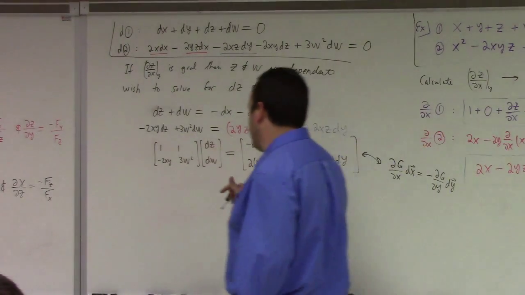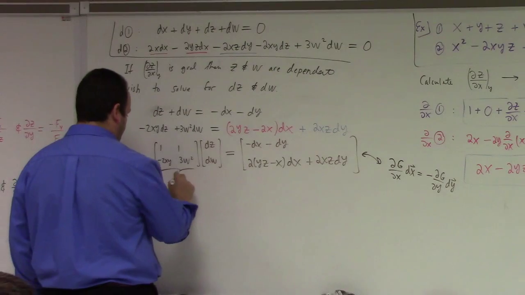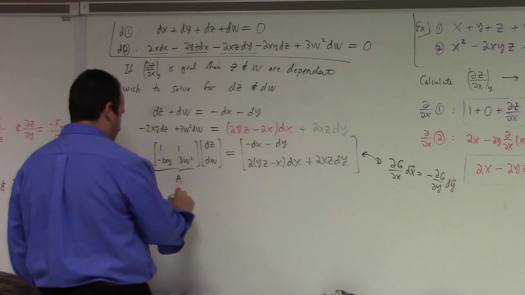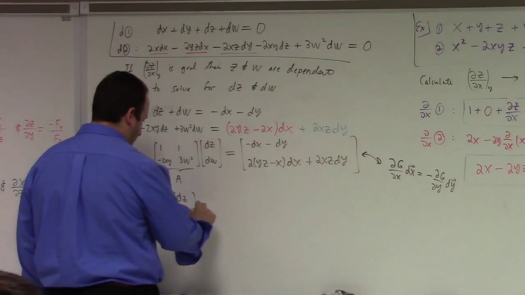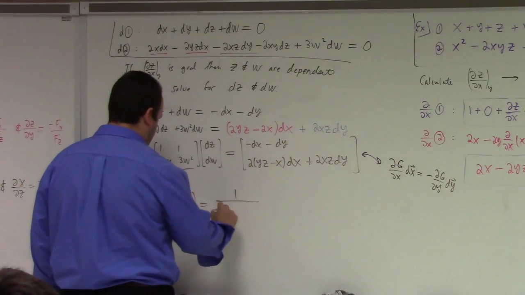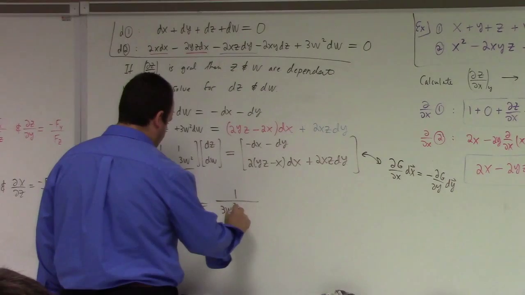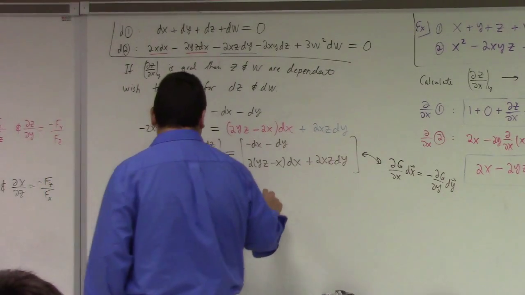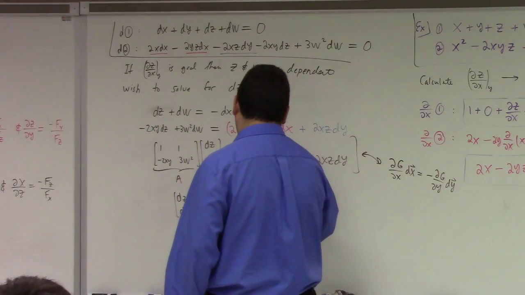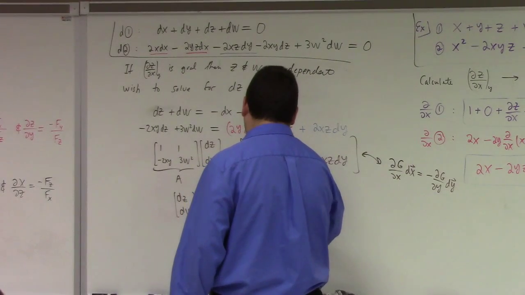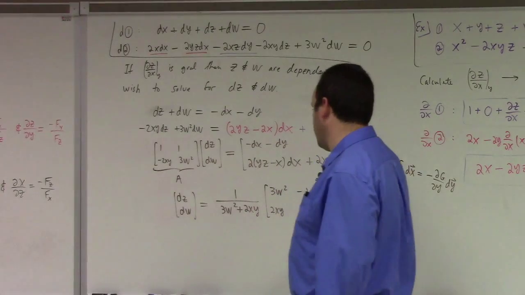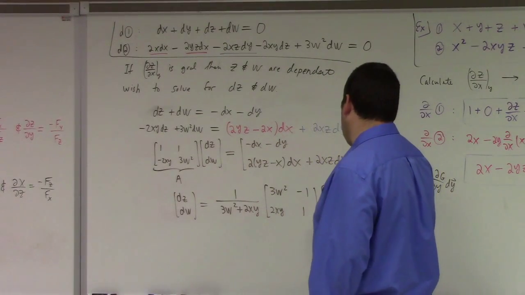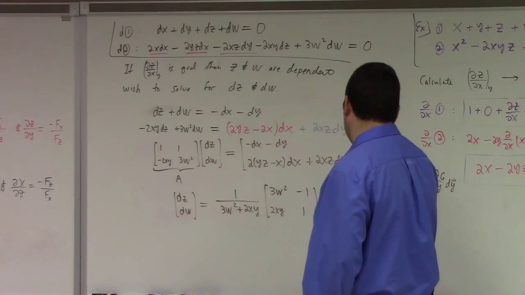So if this is A, then A inverse is 1 over 3w squared plus 2xy times the matrix 3w squared, minus 1, 2xy, 1. That's the inverse of that matrix, and then times this column vector of differentials.